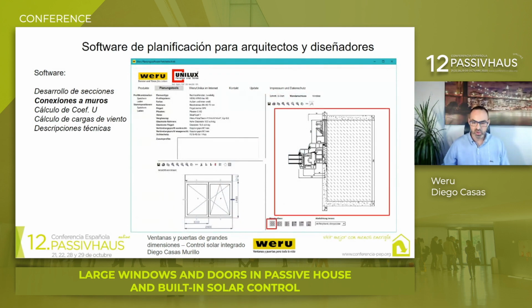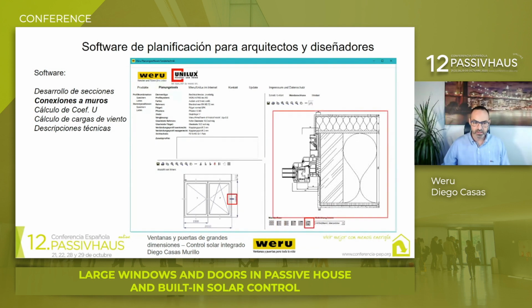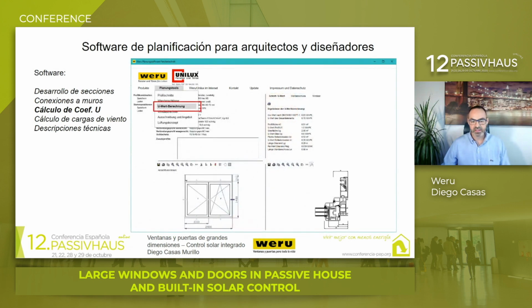Another interesting function is the connection to walls. There are different construction typologies, and we can add the defined and designed window by moving it, increasing the dimensions, etc., to achieve these interesting technical details. Another interesting function is the calculation of the U coefficient of the elements.